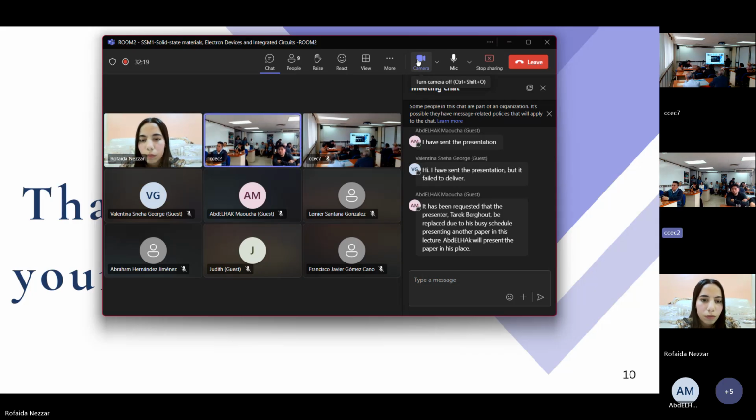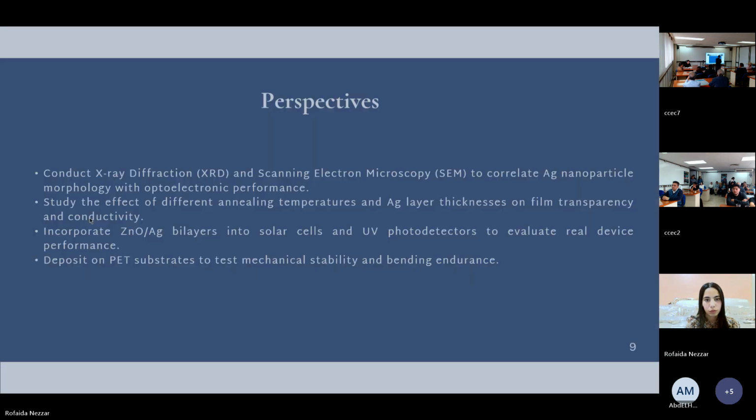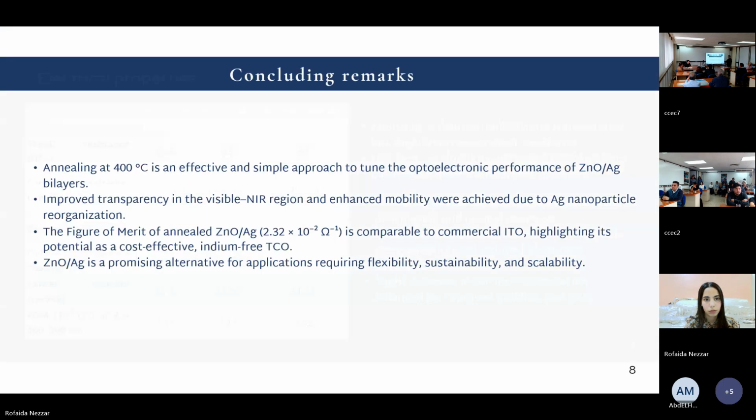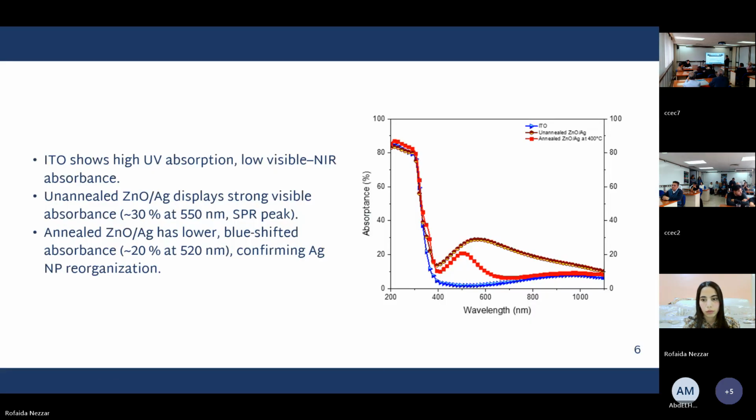If you show your UV-Vis spectra, can you show your spectra? Absorbance? This one? Absorbance and then transmittance.